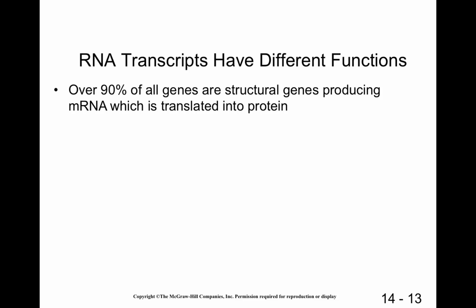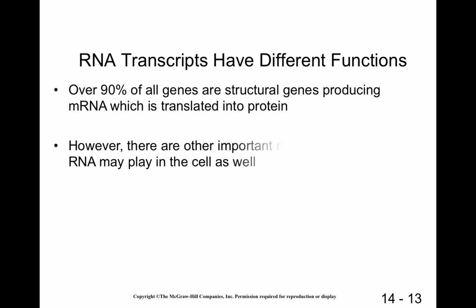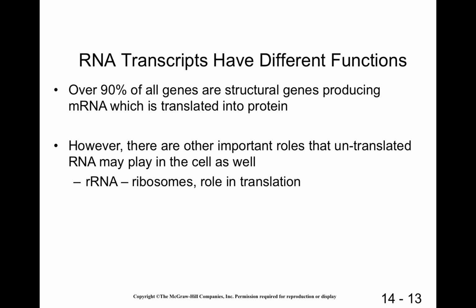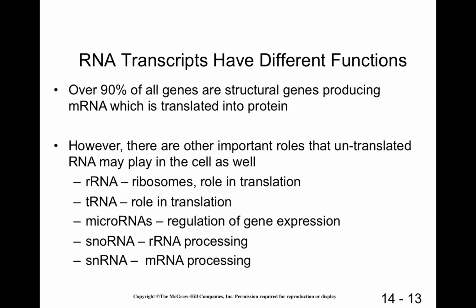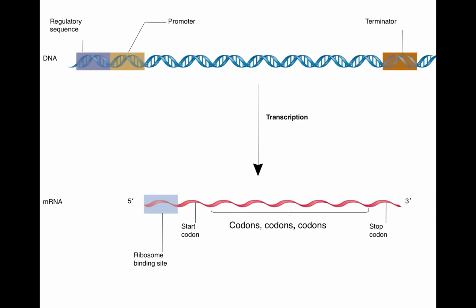However, there are other genes as well whose functional product is not a protein but an RNA: ribosomal RNA, tRNAs, microRNAs, snoRNAs, which are involved in ribosomal RNA processing, snRNAs, which are involved in mRNA processing, and then there's other RNAs as well. This diagram is one that you should have completely memorized by the end of this chapter.